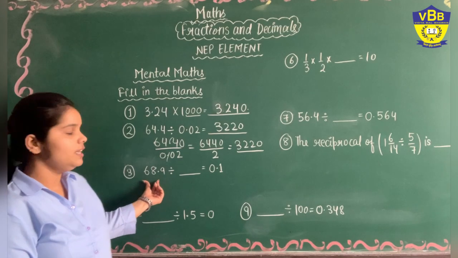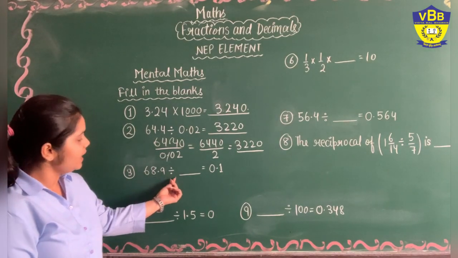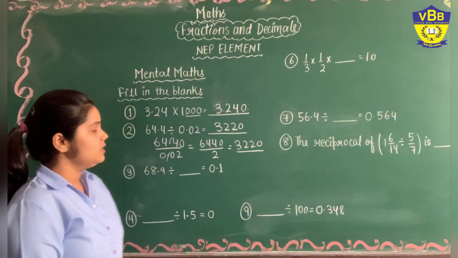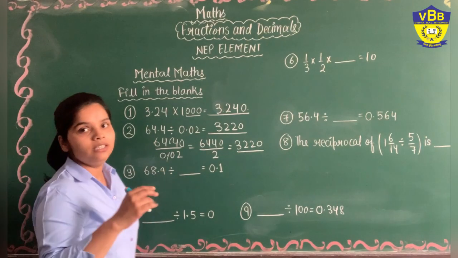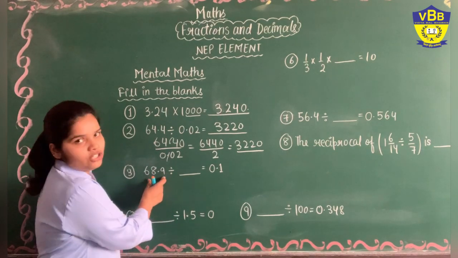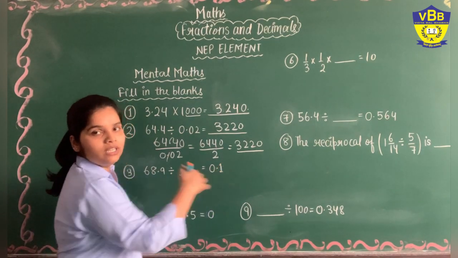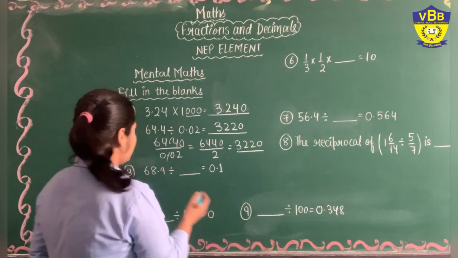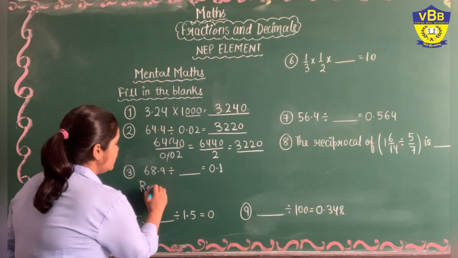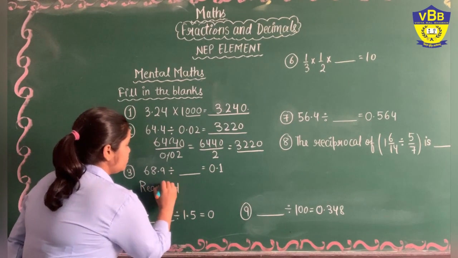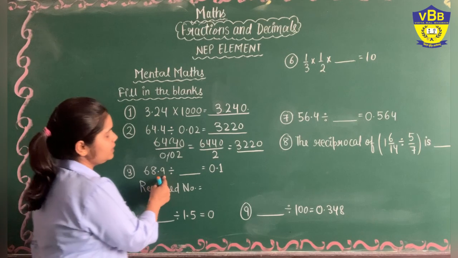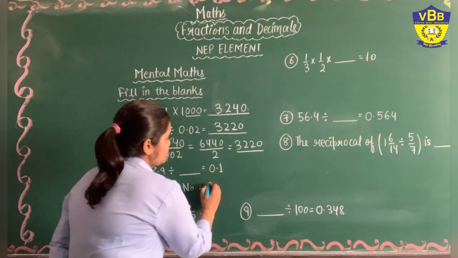Third question is 68.9 divided by what number that will give you the answer 0.1? Again you can solve it by the simple equation or algebra method, to find what should be divided. If it is in division, that number will transpose to the other side and it will become multiplication. So to find the required number, we will shift this 68.9 to the other side using the transposing method.